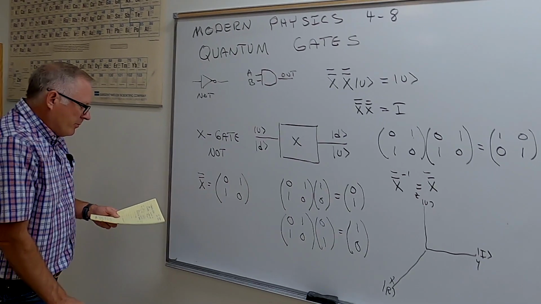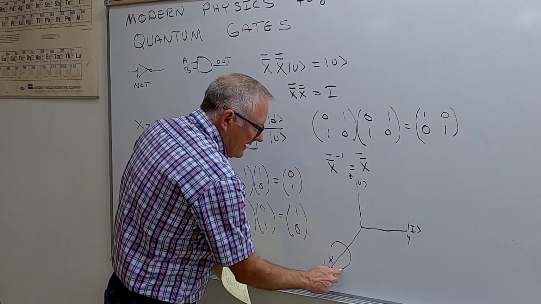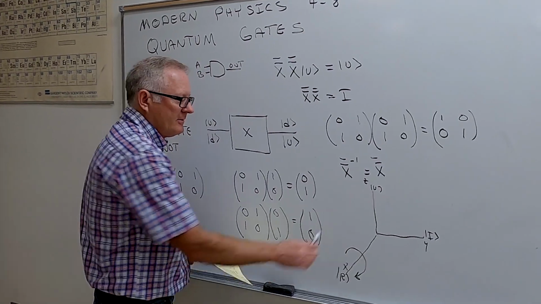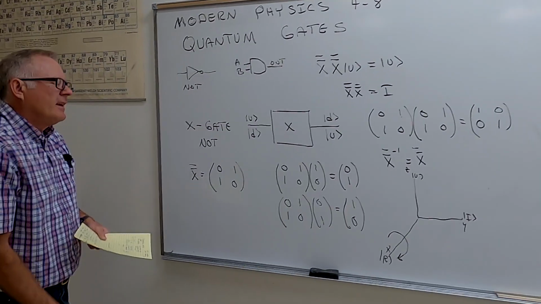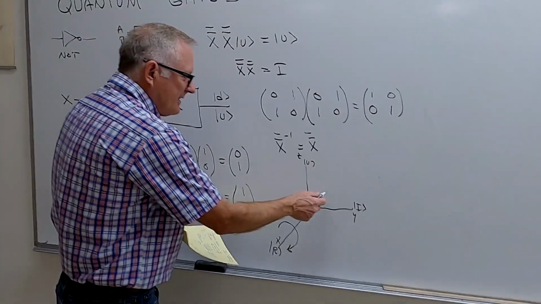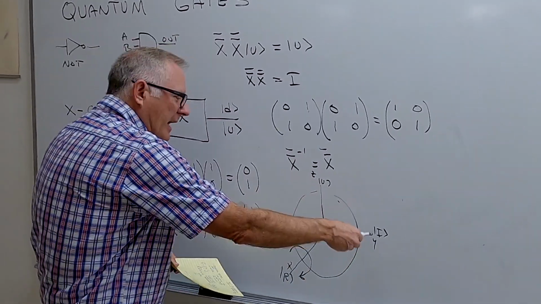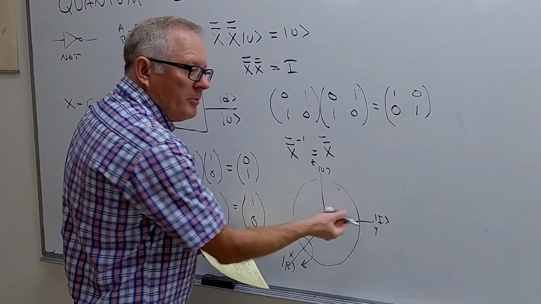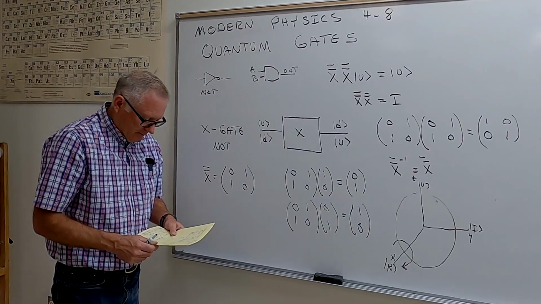But applying an X gate on this really just rotates about the x-axis by pi. So it went from here down to here. So every computer gate just takes a vector on this sphere and moves it around. That's all you're doing with every computer gate there is, all the quantum gates.